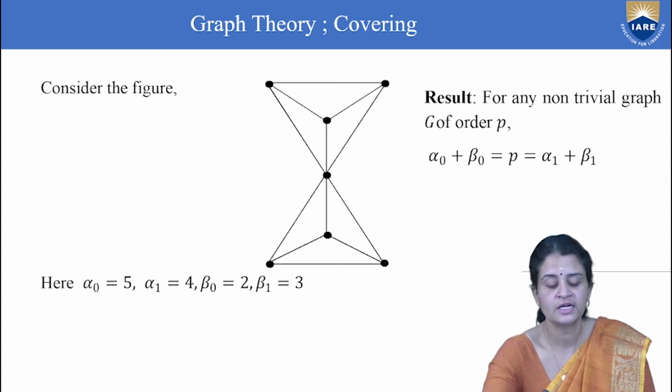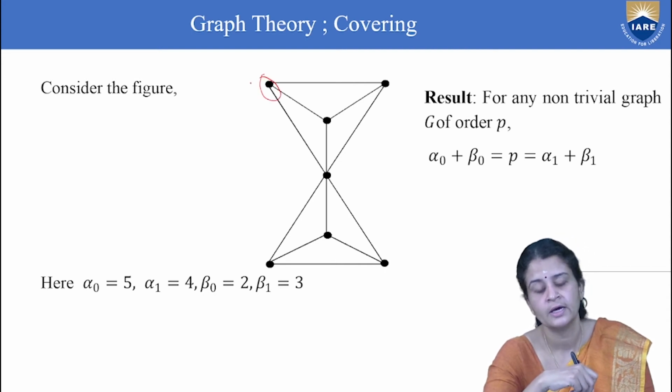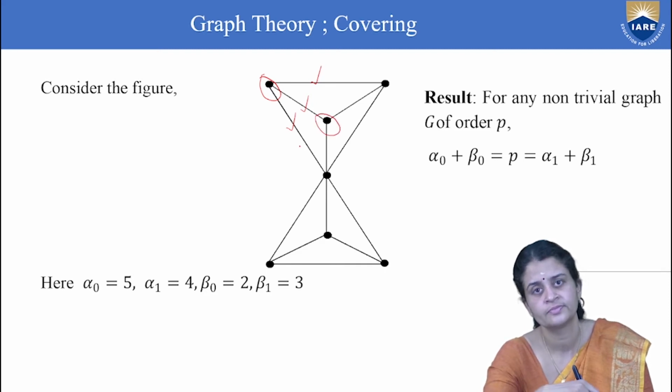Suppose I consider this vertex, then I can cover these edges. Can I cover any more edges from here? No. So I can take this one also, right? It will cover this edge and this edge. Next, which vertex do I have to take?